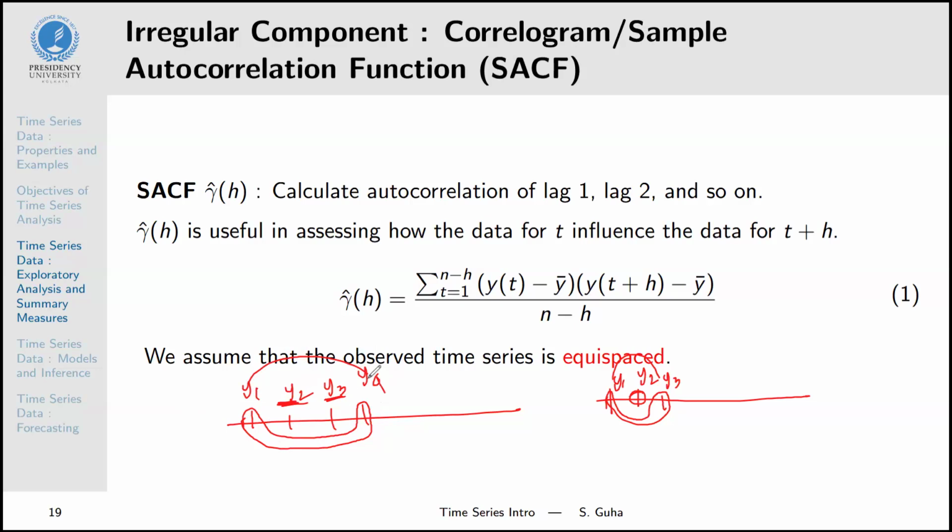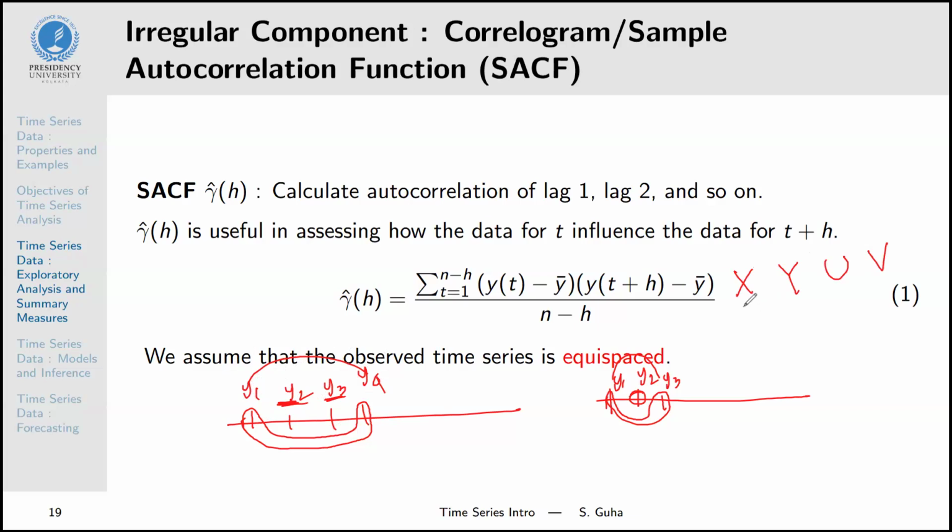So part of this correlation is because of y2 and y3. If we really want to know the true autocorrelation between y1 and y4, we have to calculate it by partialing out y2 and y3.